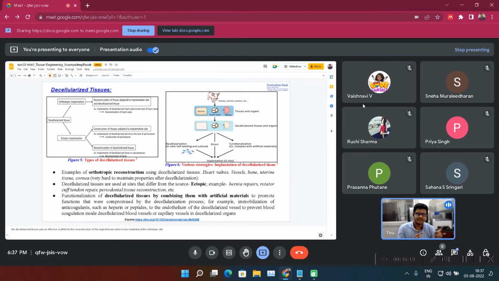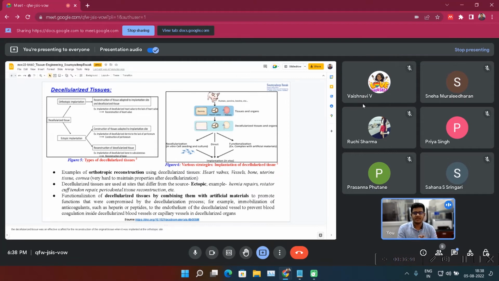So these two different kinds of mechanisms are happening with decellularization. Why I started talking about this is because decellularized ECM can be seeded with different kinds of cells and implanted at the site of our interest, or we can directly implant it at the site of interest, or we can modify the ECM.